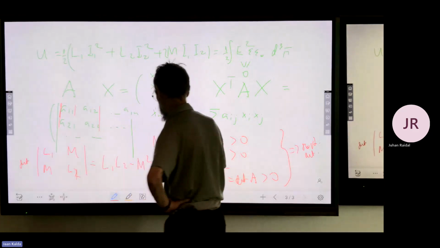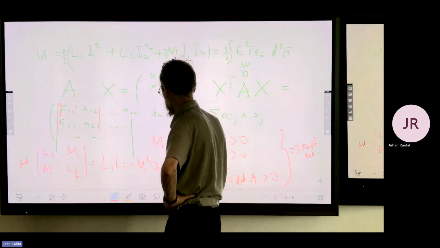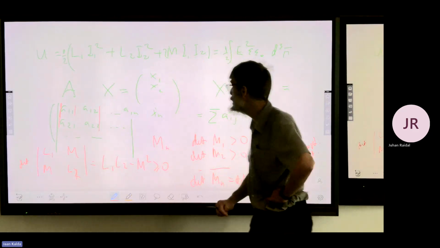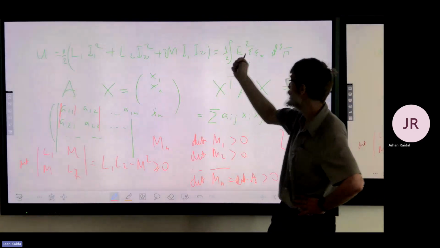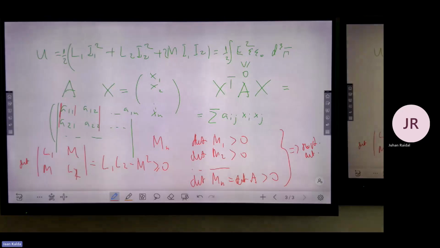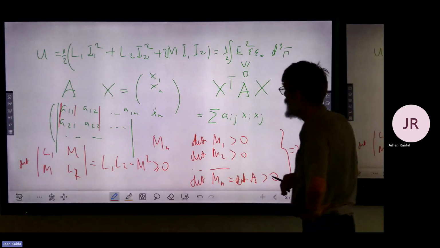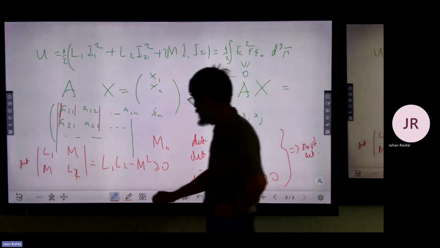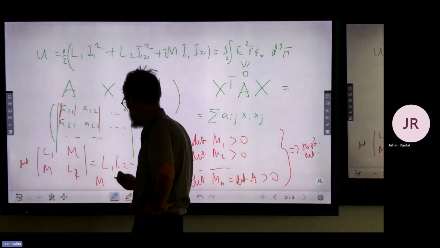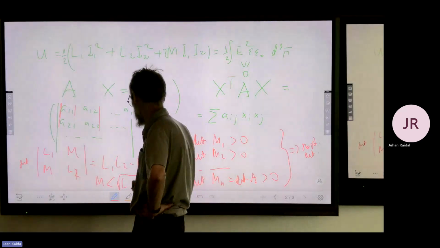And that must be larger than zero, or okay, let us allow it also to be zero, but this means that the electric field must be everywhere zero. If this is zero, electric field must be everywhere zero, right? It's not very realistic, we'll talk about this a little later. So we have the condition that M must be smaller than the geometric average of L1 and L2.